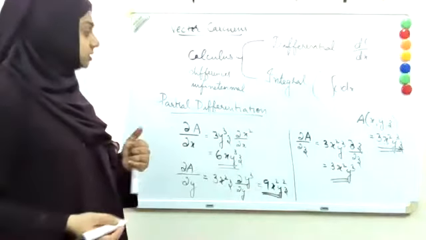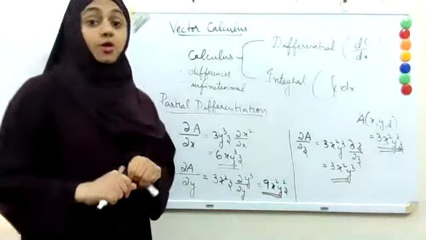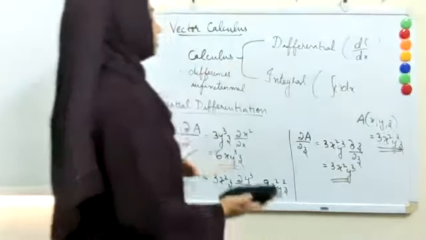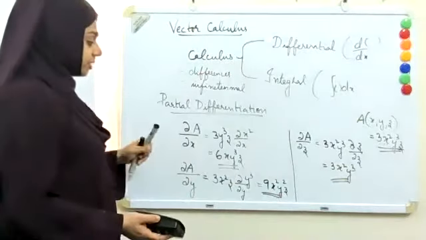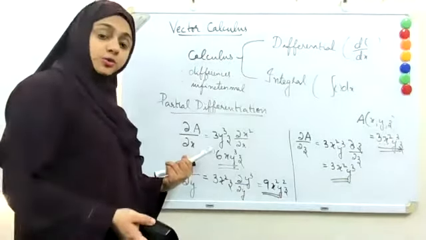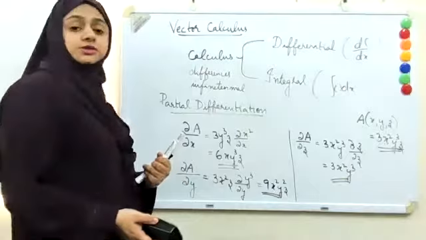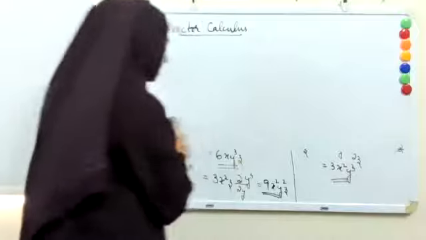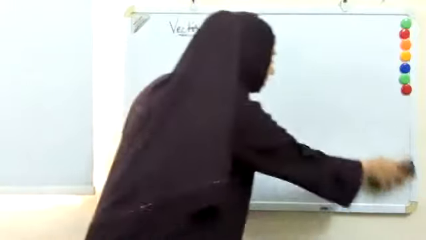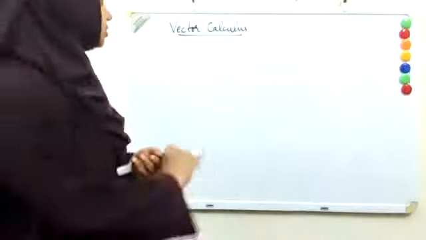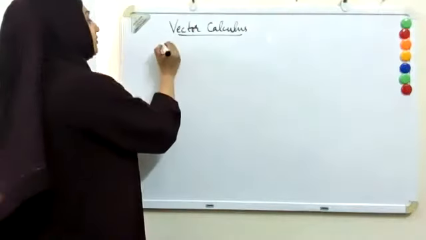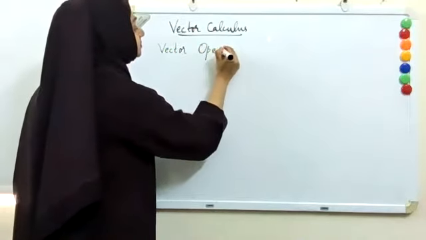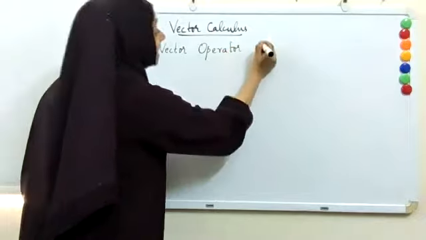Based on the partial differentiation, there is an operator, which is called the differential operator or partial differentiation operator. We will see how we can operate with this partial differentiation operator on vectors and scalars. That operator is called a vector operator, del.